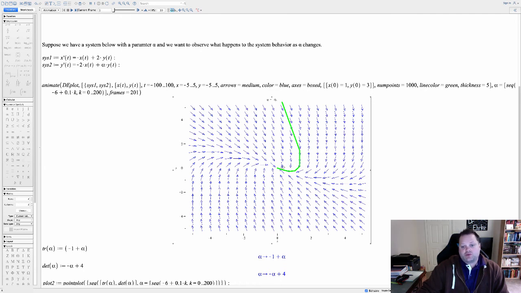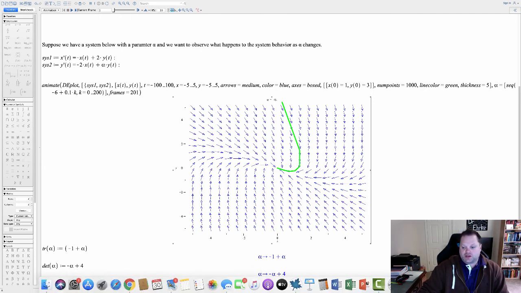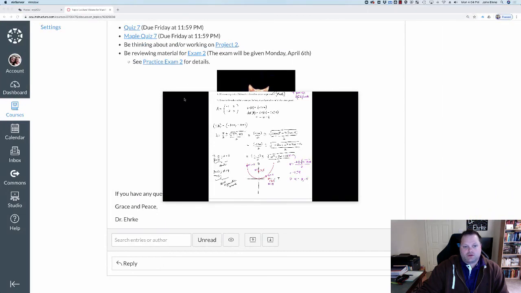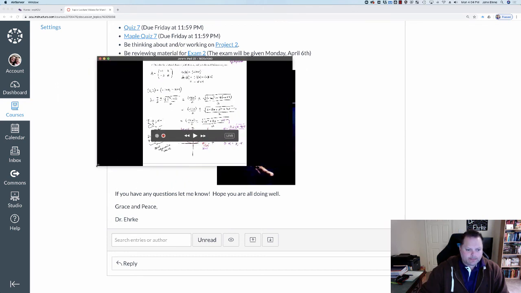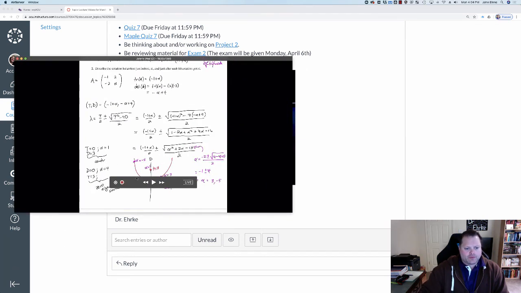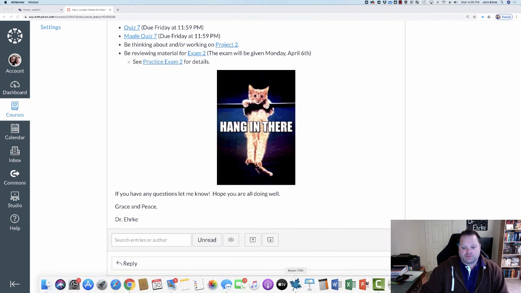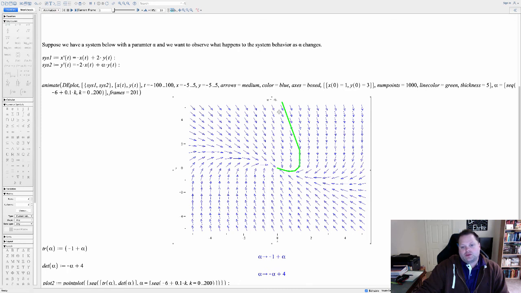So this is alpha equal to -6, right? Which we just talked about. So if alpha is -6, we have a nodal sink, so we're expecting nodal sink kind of behavior. All right, so you can see that.